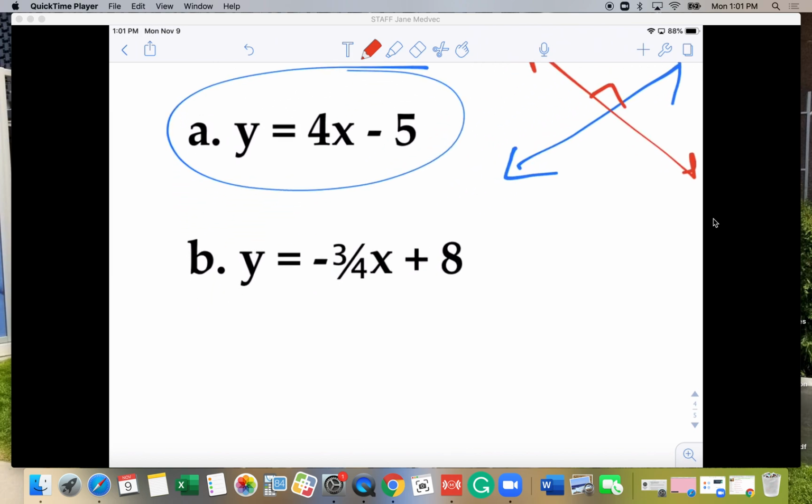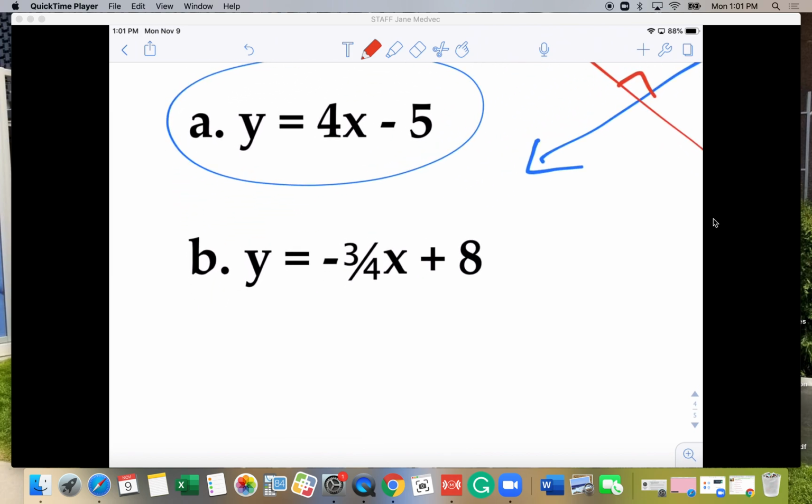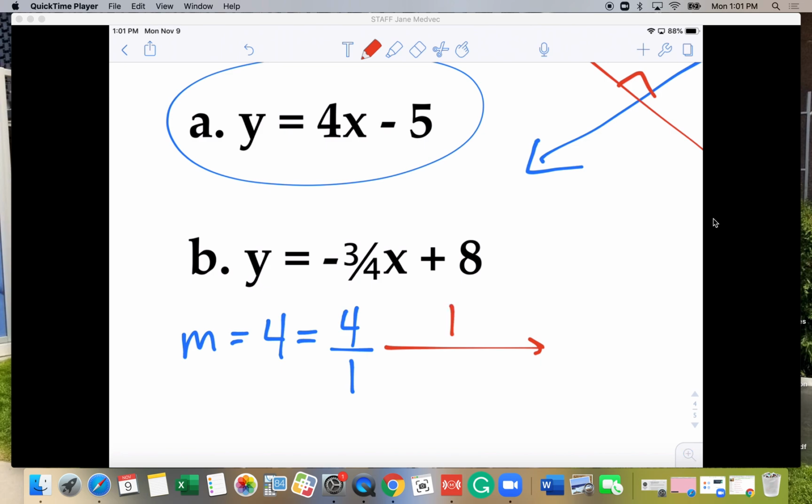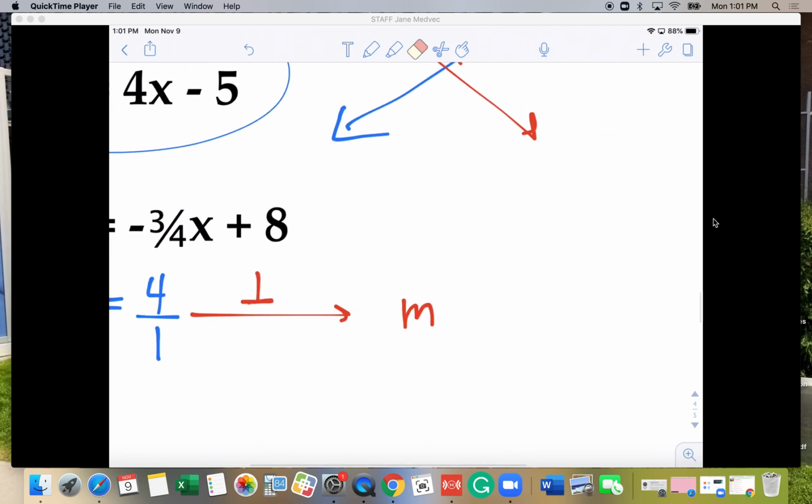So this blue line, the slope is 4, or like we said, 4 over 1. And if we wanted to look at a line that's perpendicular to it, we're going to take the slope, we're going to flip it, which would be 1 over 4. And because the 4 over 1 is positive, this would be a negative 1 over 4.